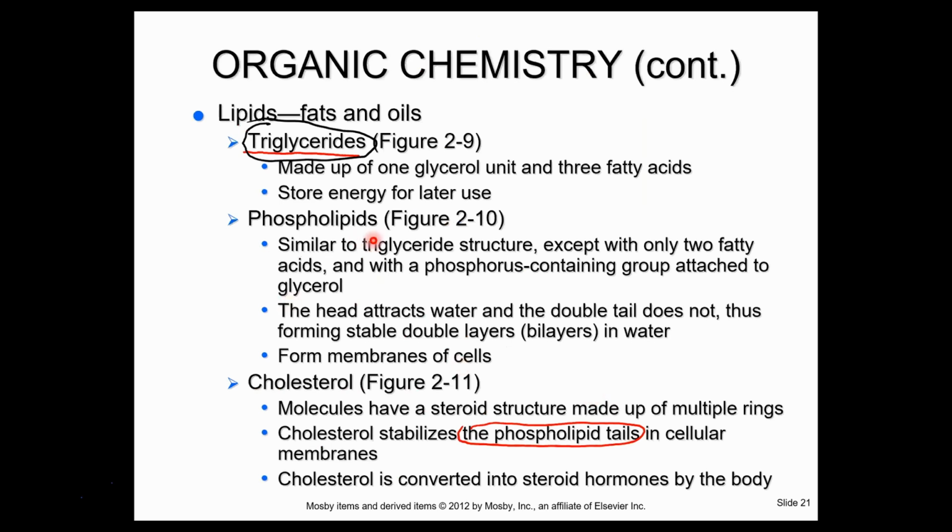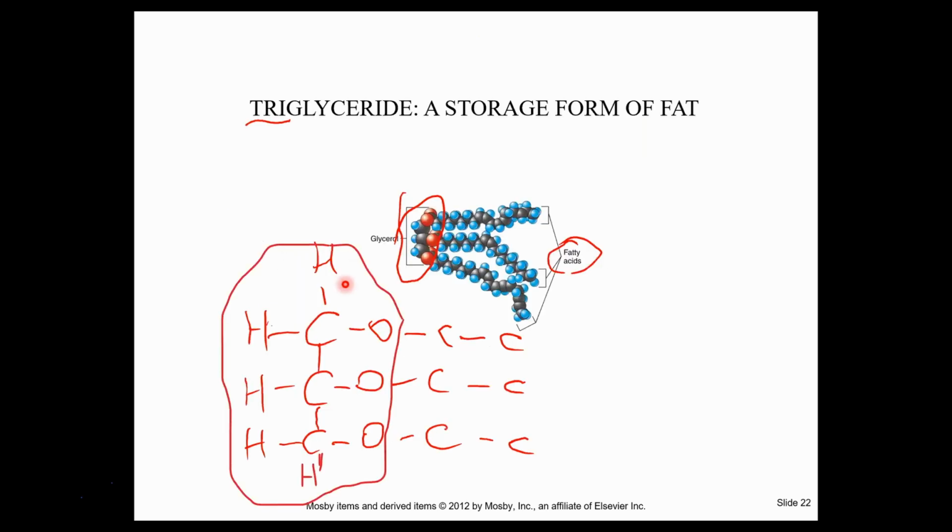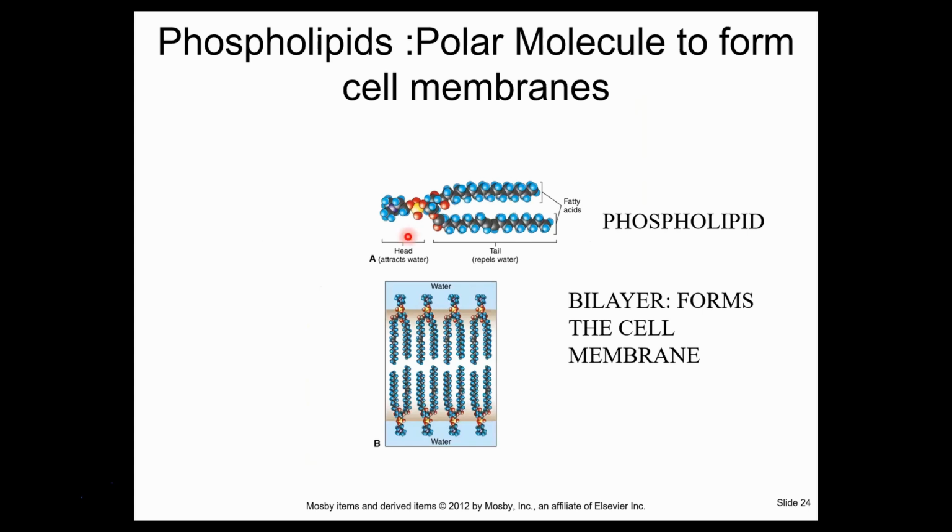Then we have phospholipids. What does phospholipid mean? Here's the phospholipid. It contains what's called a phosphorus group here, and it has the lipid tail. The lipid tail, that's the fatty acids, and then you have the phosphorus head.